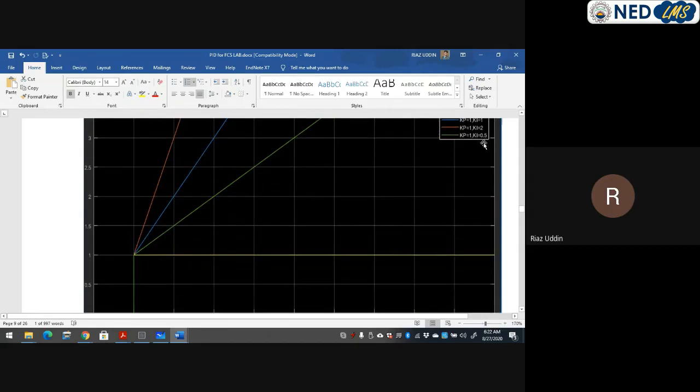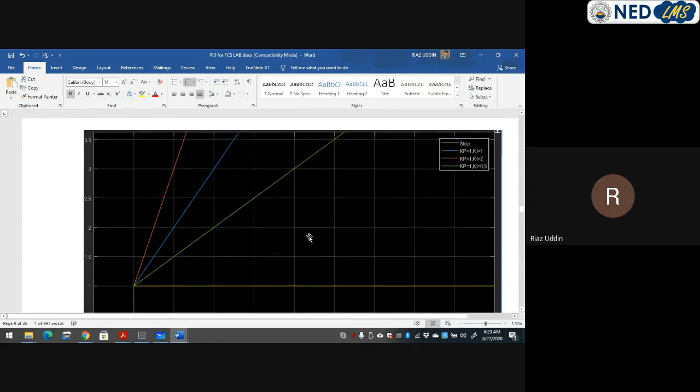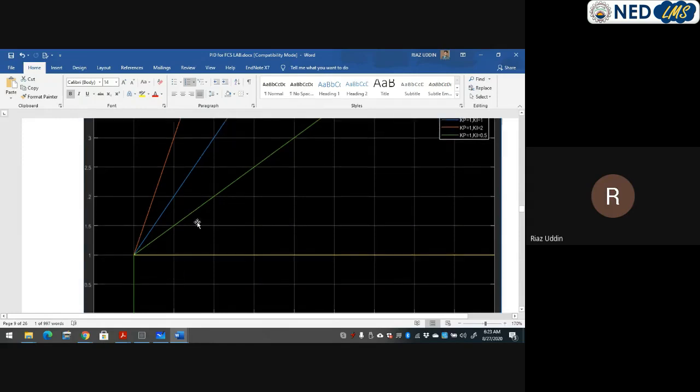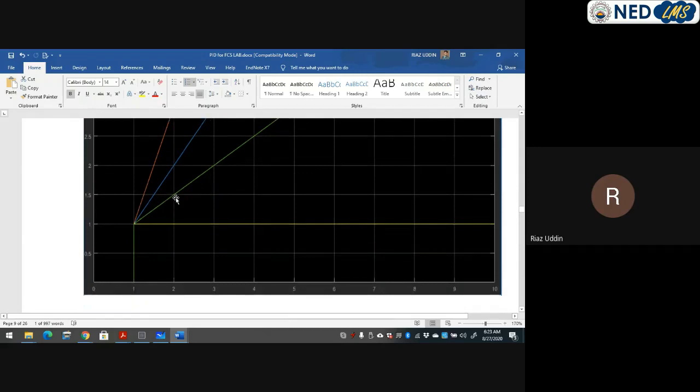So you can understand how much I increase the I, and how much effect it will have on my system. That is why I have done these simulations for you: by changing the different values of ki, you will have different values of output. For example, with ki equal to 0.5, the output will be increasing: at value 0 and 1 it gives you 0.5, here it gives you 2, and then 2.5.